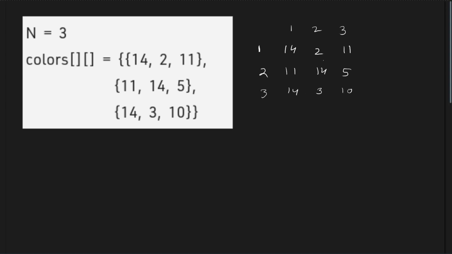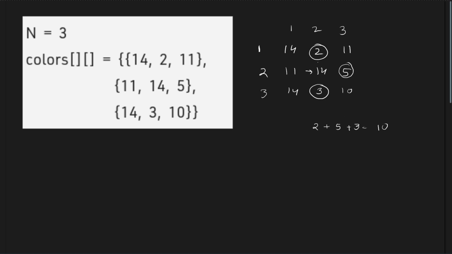So if I take the second color for the first wall, then for the next wall, the wall adjacent to it, I cannot take this color even if it was minimum. In this particular case, it is not the minimum. I should always take this color because it is smaller. And then for the third wall, I will take this particular color. So the answer would be 2 plus 5 plus 3, that is 10.